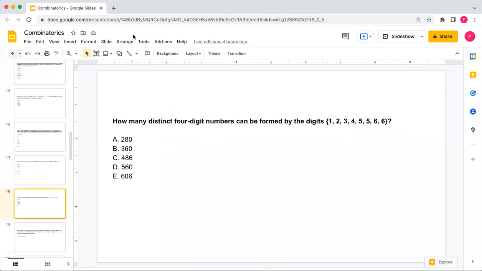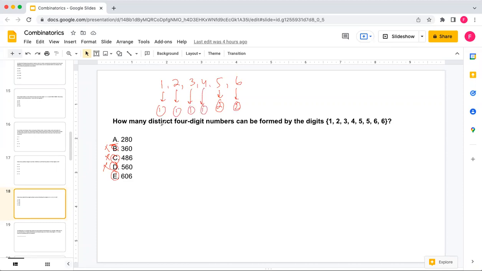Again, this is a very good question for practice. Just quickly solve this question. The question is saying, how many distinct 4-digit numbers can be formed from the digits 1, 2, 3, 4, 5, and 6, where 5 and 6 came 2 times and all of the others came 1 time?